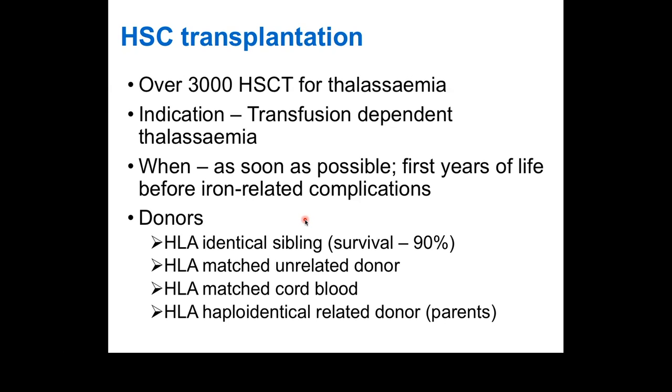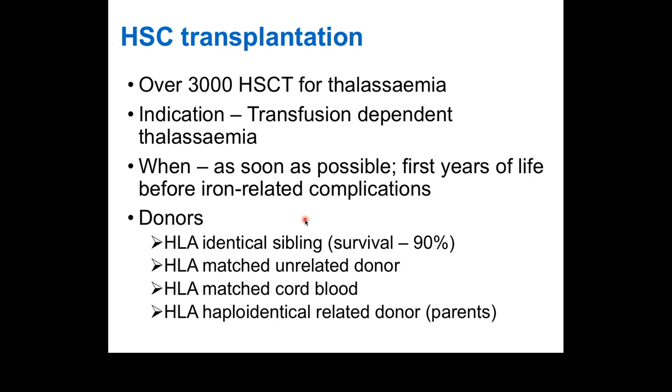If you don't have an HLA matched sibling donor, the survival and the success rate of bone marrow transplantation is drastically reduced and can range between 60 to 90%. So it becomes less successful if the donor is not an HLA matched sibling donor.